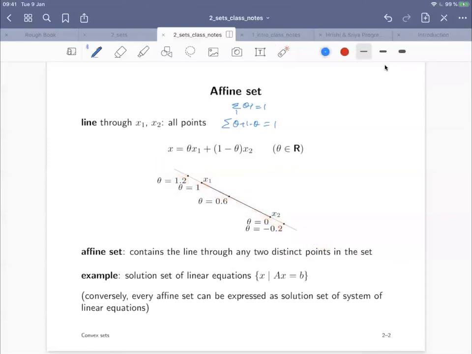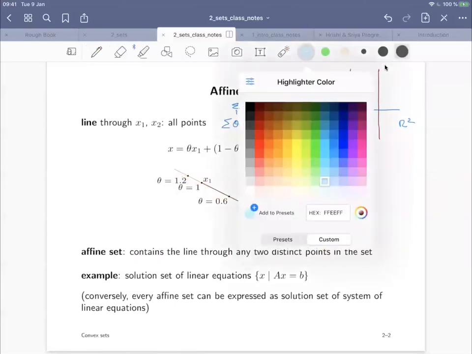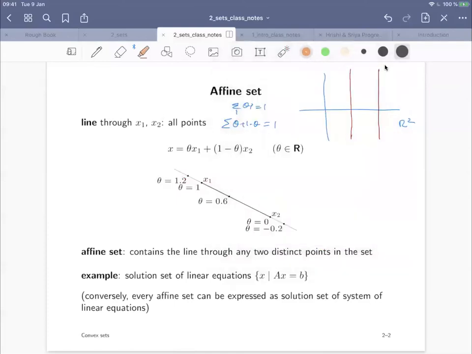To make it clear, let's consider a new set, for example, like this. We have x in R2, and I have a set C, which is basically this strip. Okay, this is my set C. Is this set affine?